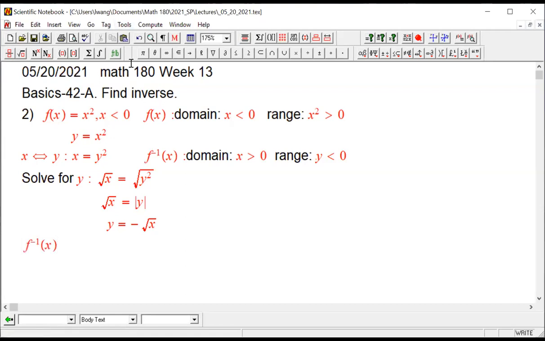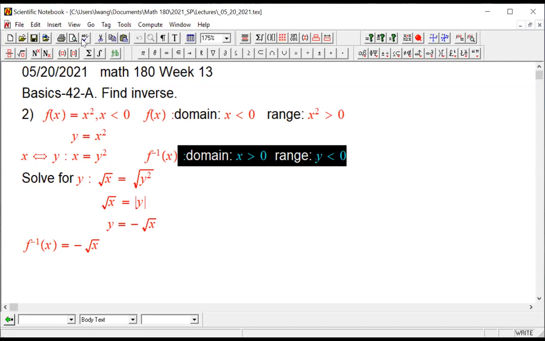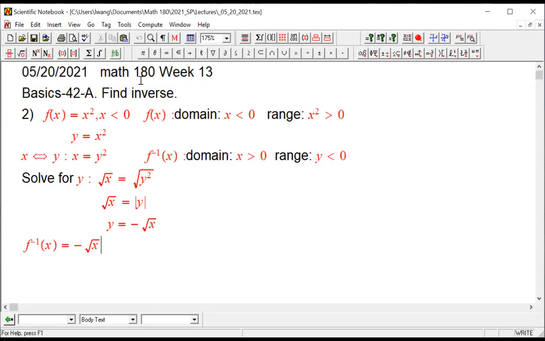That inverse function is negative root x. And of course its domain and range have been determined.